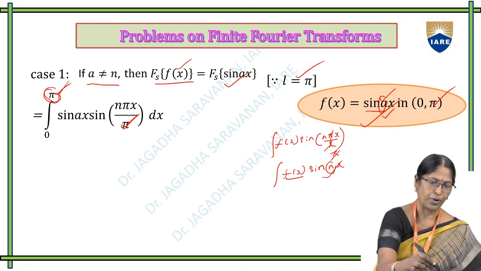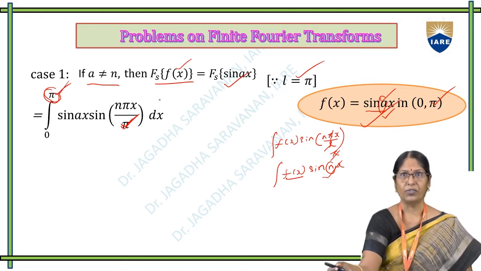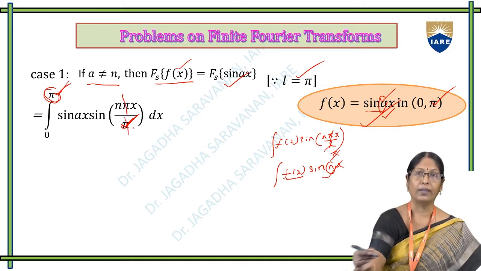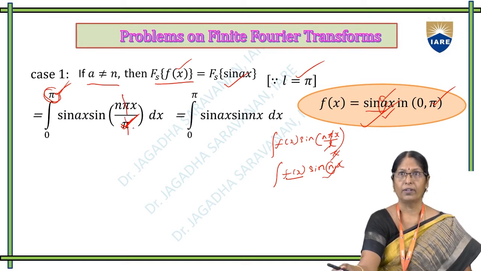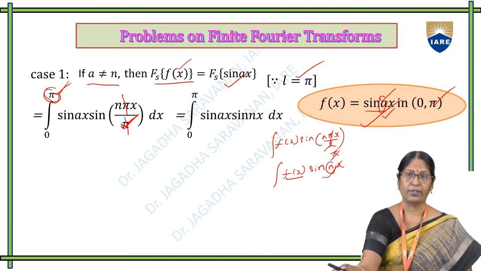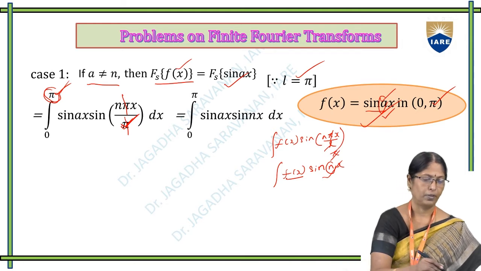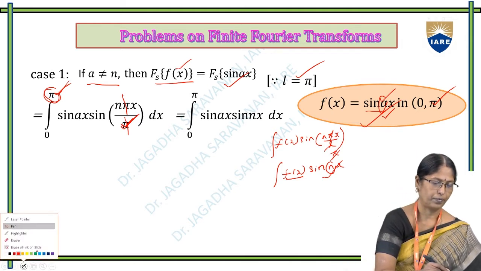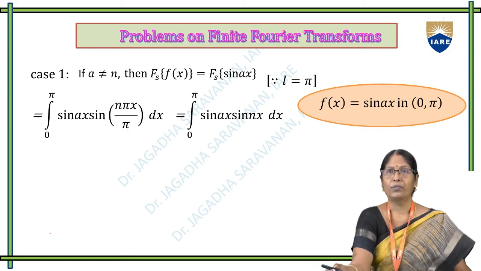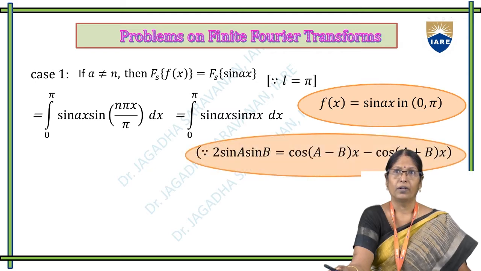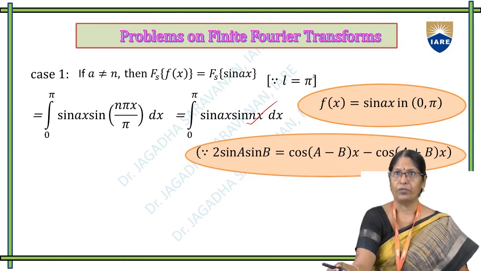So L is replaced here, and here also. Now this pi gets cancelled. After cancelling, we have the integral from 0 to pi of sine ax sine nx dx. This is to be solved.